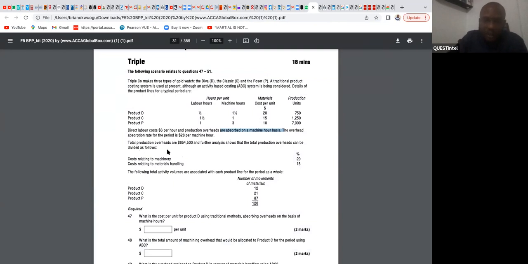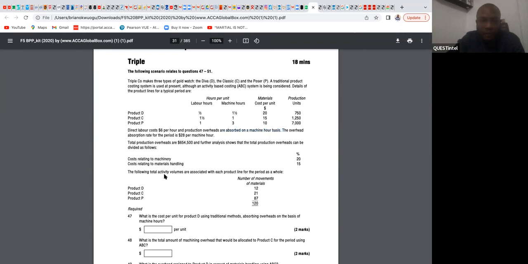Now it says that the total production overheads are 654,500, and further analysis shows that the total production overheads can be divided as follows. Costs relating to machinery are 20% of your overhead cost, while costs relating to material handling are 15% of your total overheads. So if we do 20% of 654,500, we'll get the cost relating to machinery, while the cost relating to material handling is 15% of that 654,500.